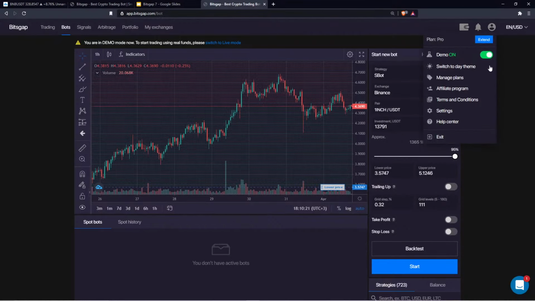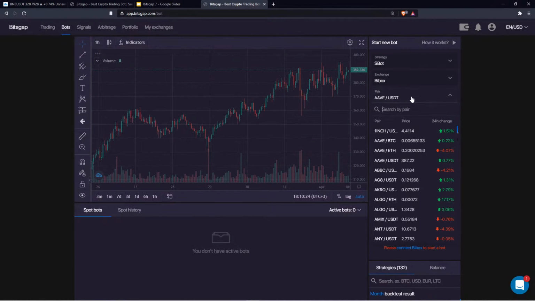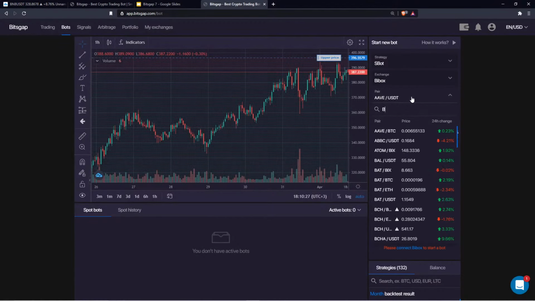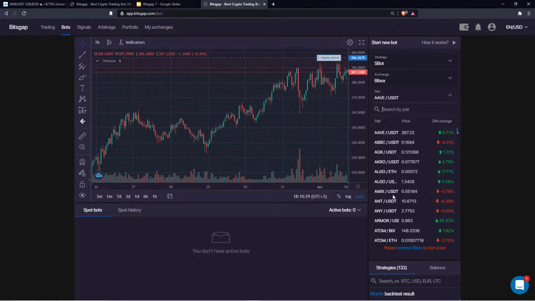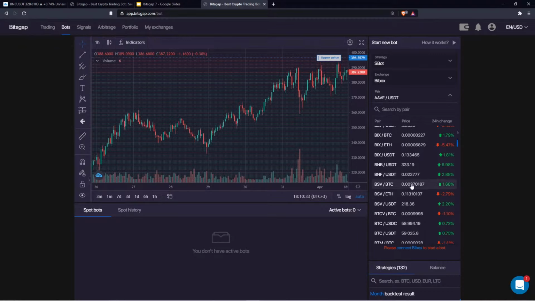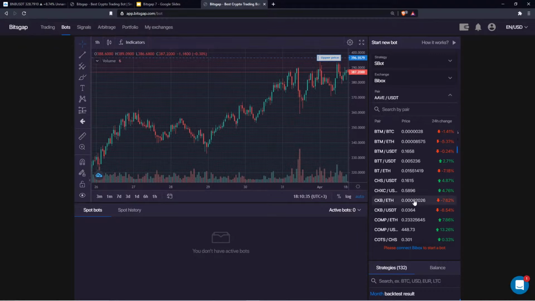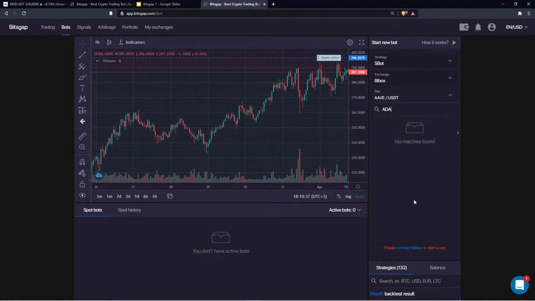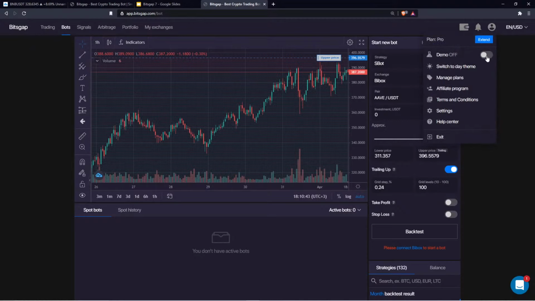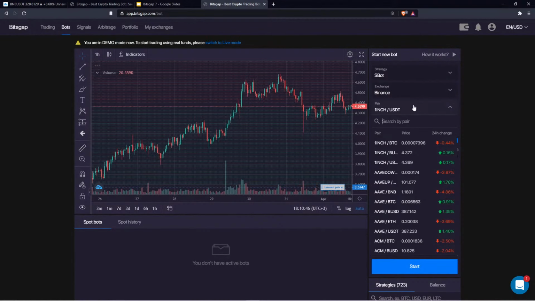Let's switch to the real account. Should be BTC, BNB. Okay, that's weird because there should be. Okay, let's find any random one which is trading to BNB. I think Cardano should be trading to BNB, and I need to switch to Binance Exchange real quick.